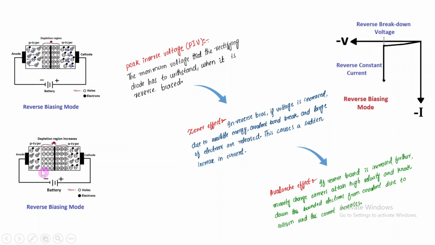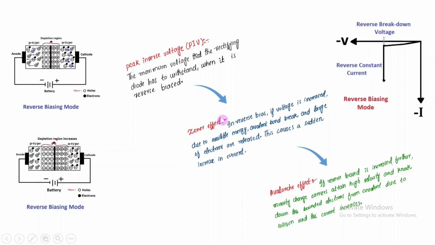They collide with the electrons of the neighbor atoms and knock the bonded electrons out of the covalent bond. Due to that collision, the current will be increased further. This sort of effect is called the avalanche effect.